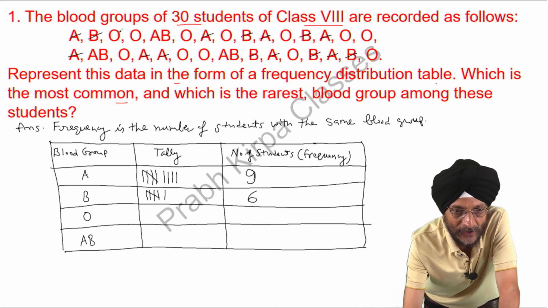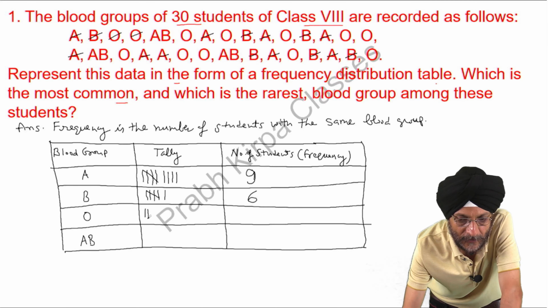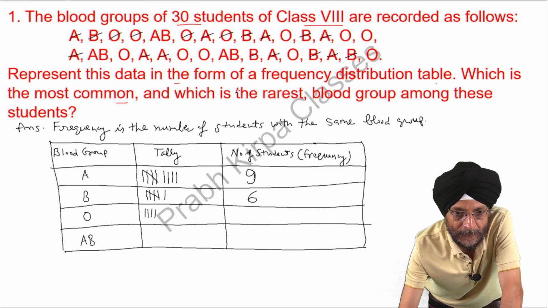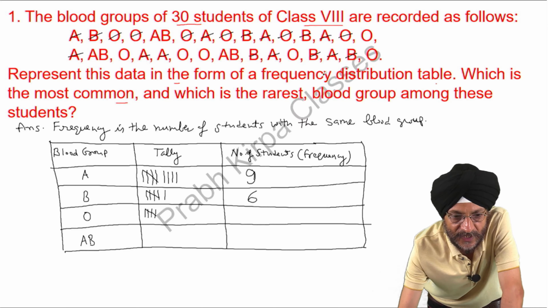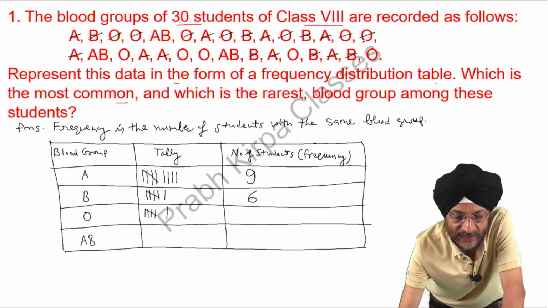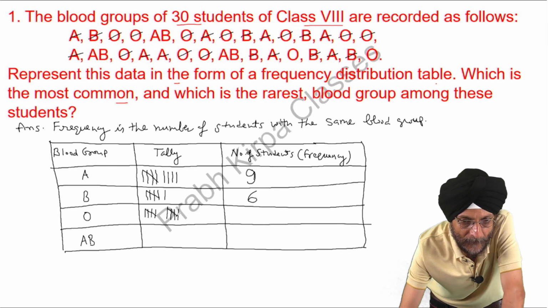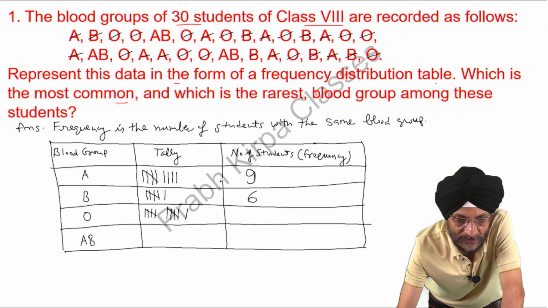Next, O. O blood group: 1, 2, 3, 4, 5, 6, 7, 8, 9, 10, 11, 12.